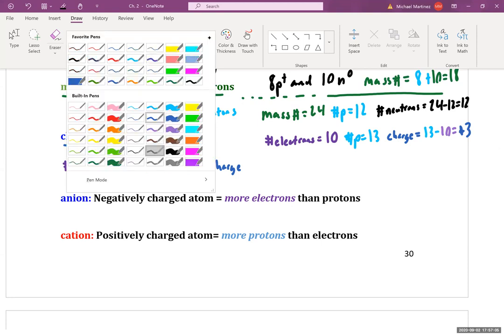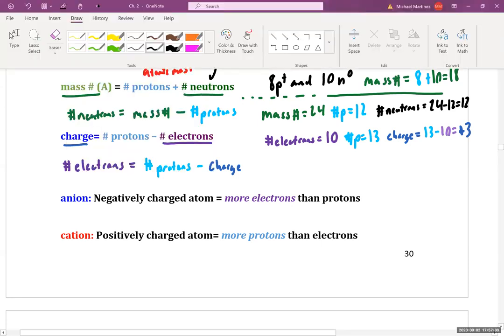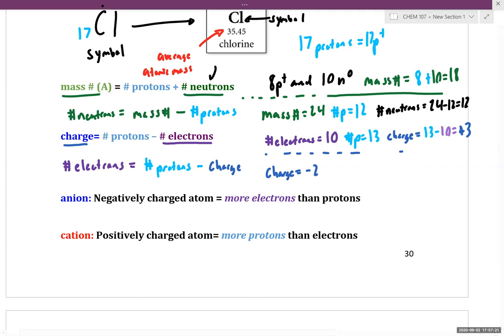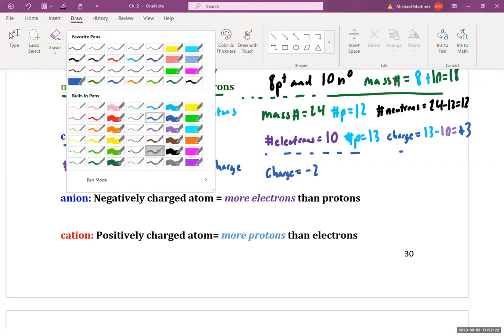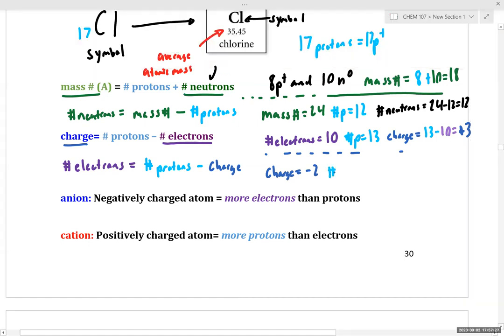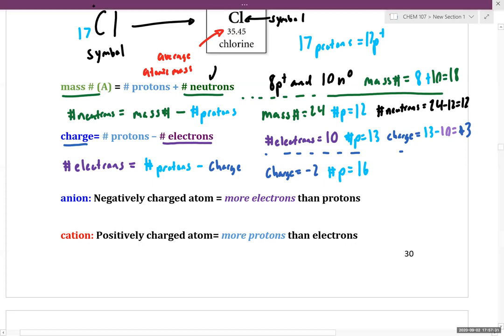Likewise, let's suppose in a separate example, we are given that our charge is equal to -2, and we're also given that our number of protons is equal to 16.